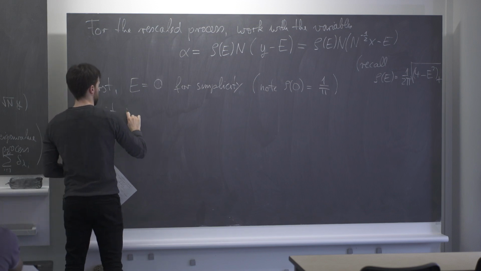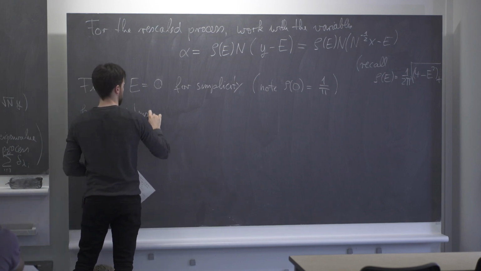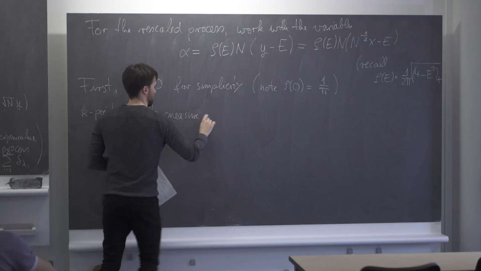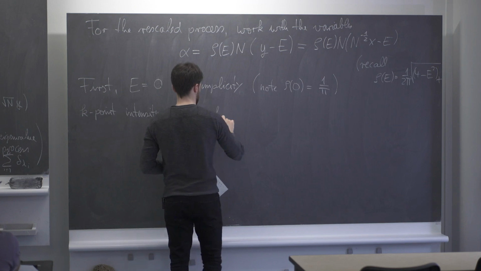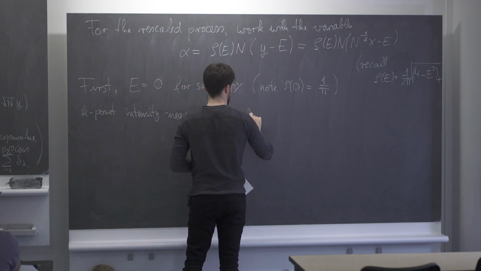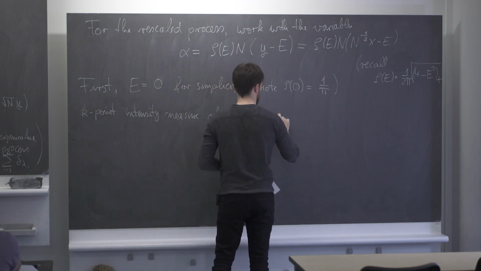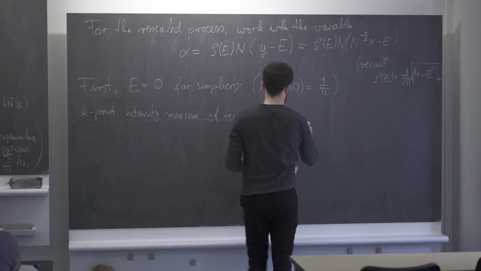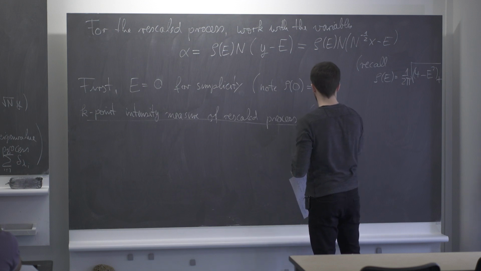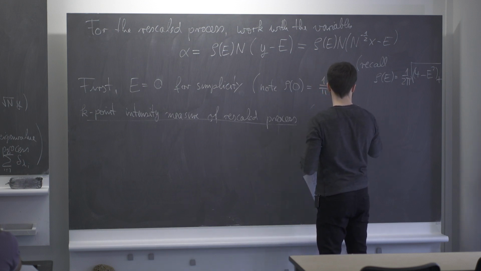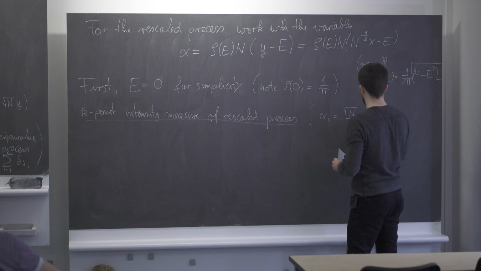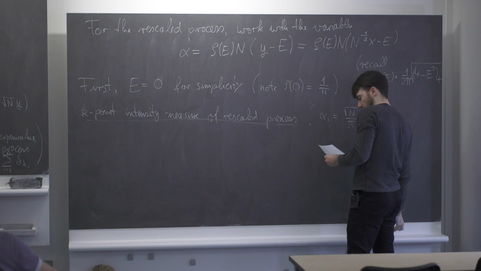Okay. And now we look at the k-point intensity measure again, but now of the rescaled process. And now the alpha variables look as follows: xi.